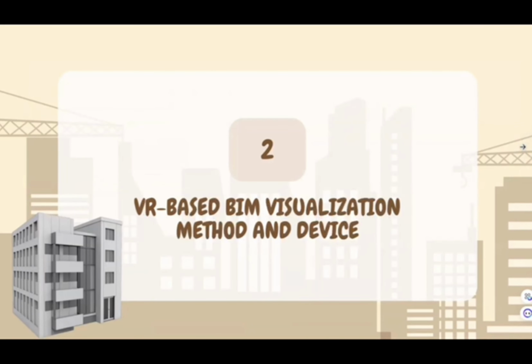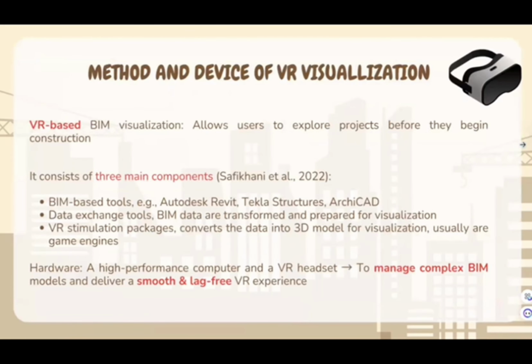After that, I would like to introduce the VR-based BIM visualization method and device. VR-based BIM lets stakeholders explore projects before the construction begins. There are three main components included in VR visualization. First of all, the BIM-based tools, including Autodesk Revit, Tekla, and also ArchiCAD.